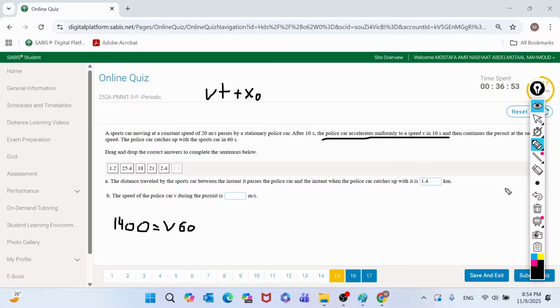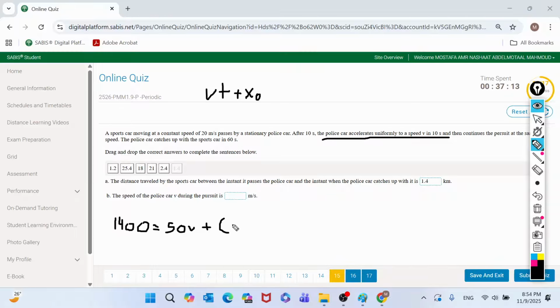So instead of v60, let's just add 60v. No, wait, 50v. Guys, see, I'm telling you, it's confusing. 50v because the first 10 seconds, it's spent reaching v.